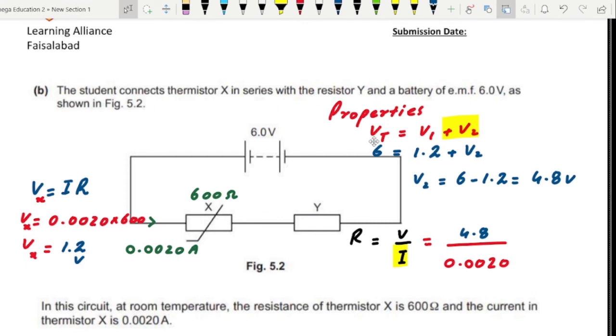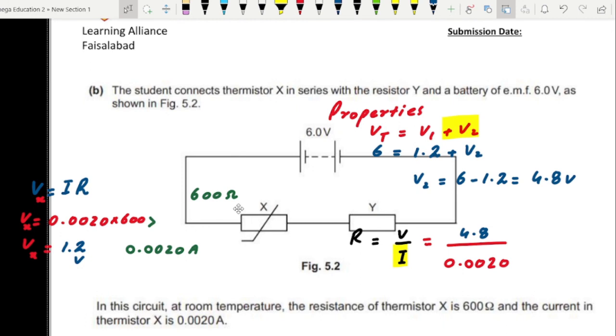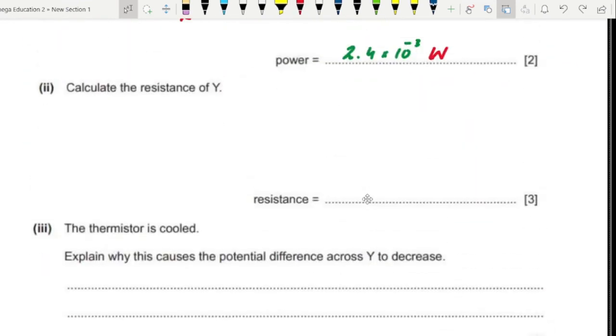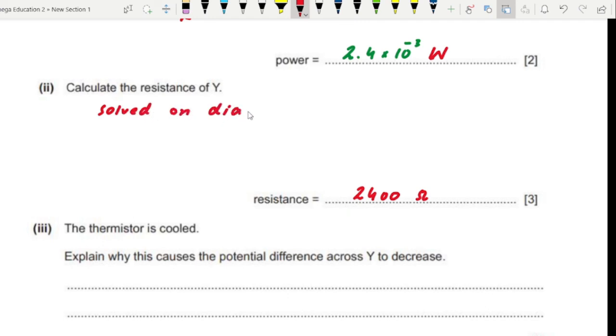All right, 2400, right? 2400. This is the resistance with the unit of ohm. And the solution is there on the diagram.